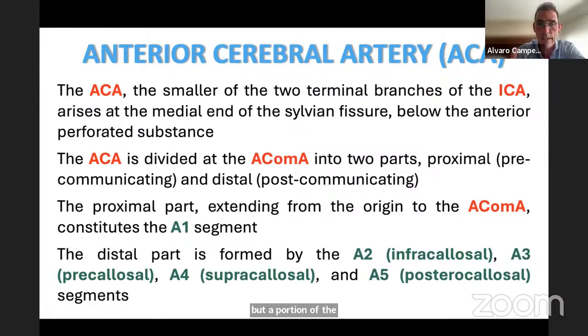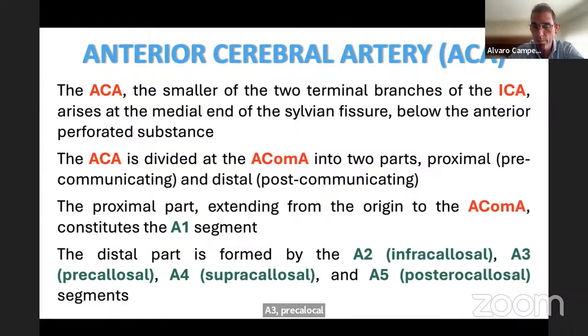The proximal part, from the origin of the anterior cerebral artery to the ACom artery, constitutes the A1. And the distal part, from the ACom onward, is divided into A2 infracallosal, A3 precallosal, A4 supracallosal, and A5 posterocallosal.